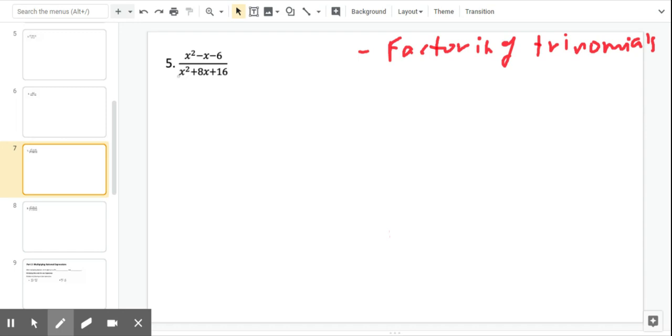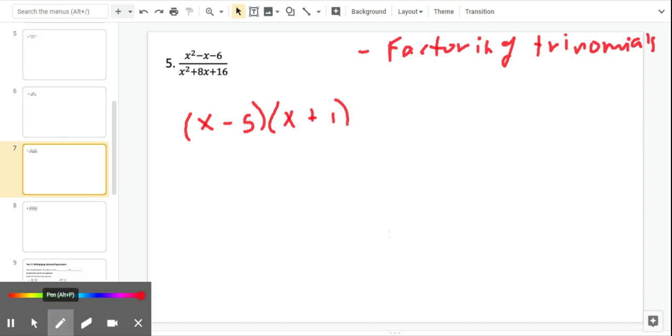All right, so for the numerator, we want to know what adds to -1 that multiplies to -6. That would be -5 and a 1. So again, just a little side note over here: -5 plus 1 equals... this is not even right.